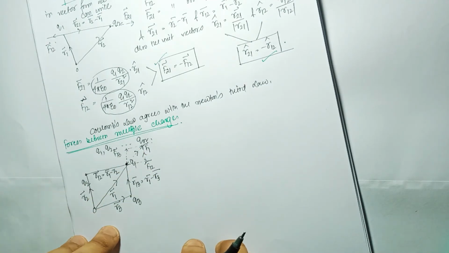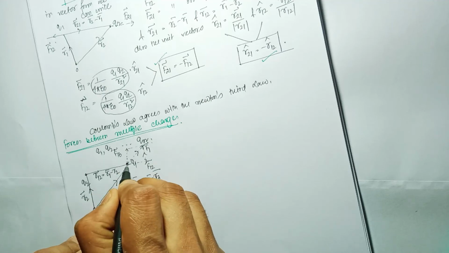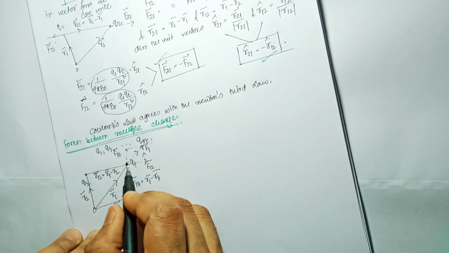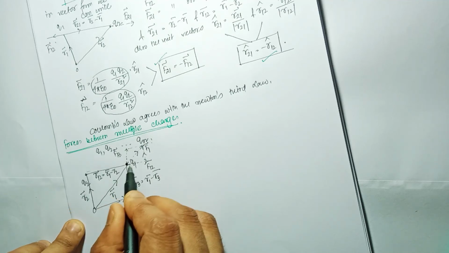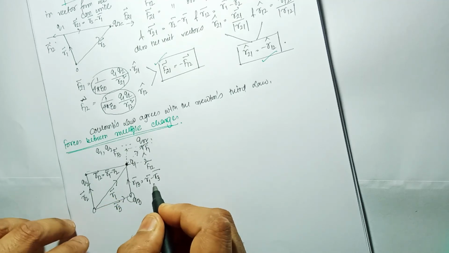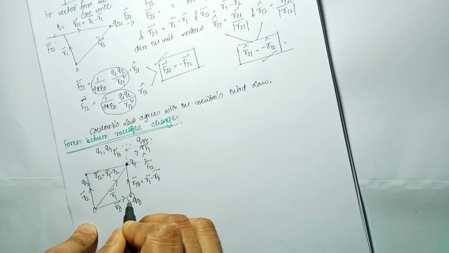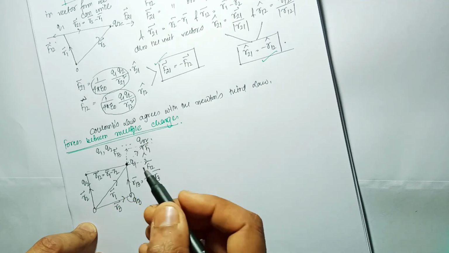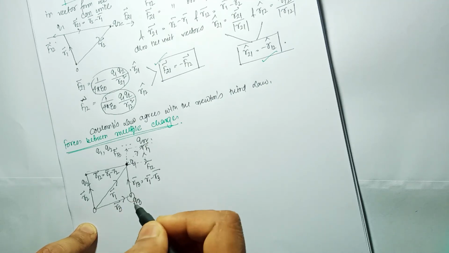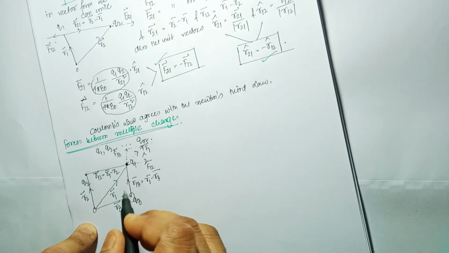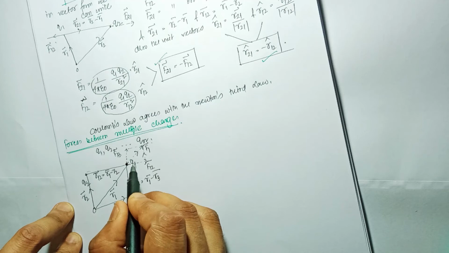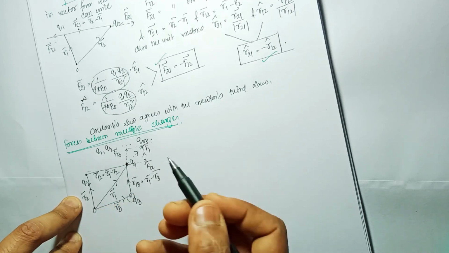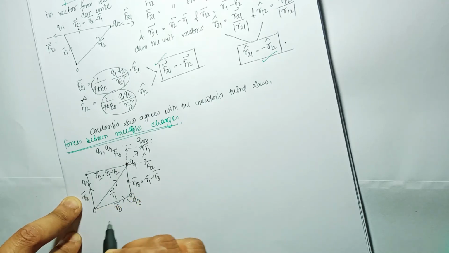So our main goal is to find the force on this charge Q1 due to the other charges, Q2 and Q3. What is the total force on Q1 due to Q2 and Q3? The force on Q1 due to any number of other charges will be a superposition of the other forces, meaning the force on Q1 will be the addition of the forces due to Q2 and Q3.